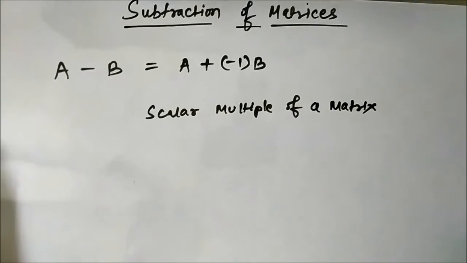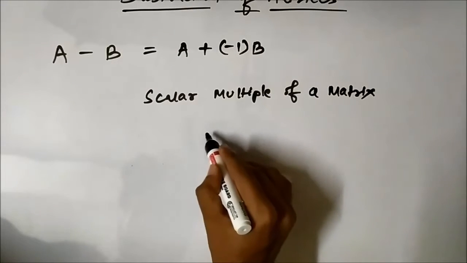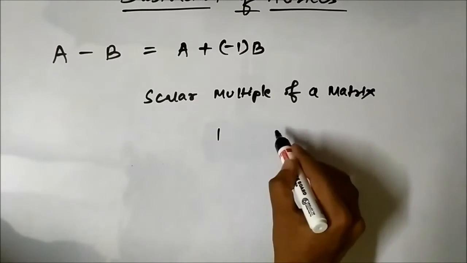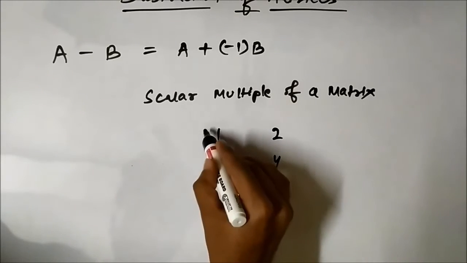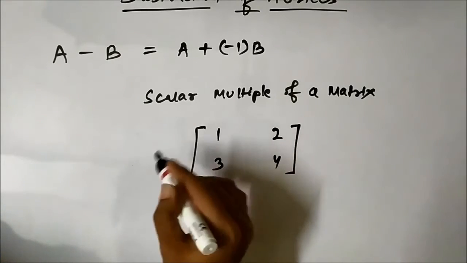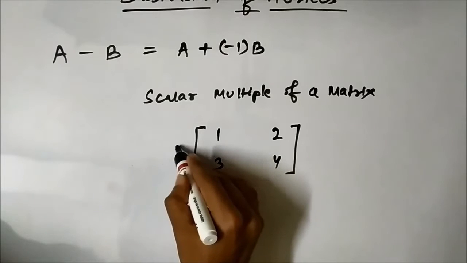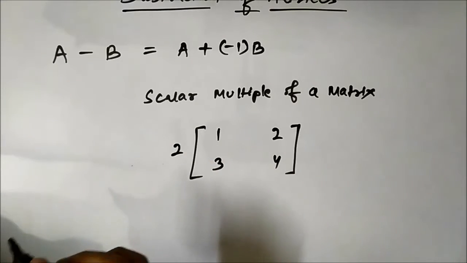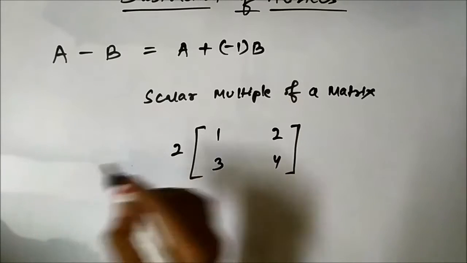So what happens in the scalar multiple of a matrix is that suppose we have a matrix of any order, let's say 1, 2, 3, 4. We are just taking a 2 cross 2 matrix for example. Suppose we multiply it with a constant quantity, let's say 2.